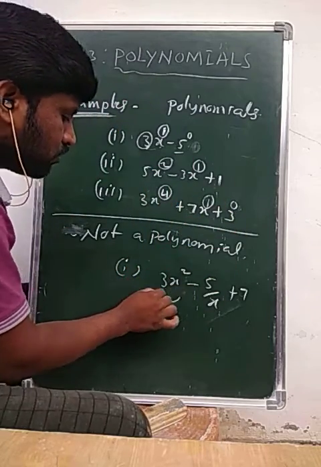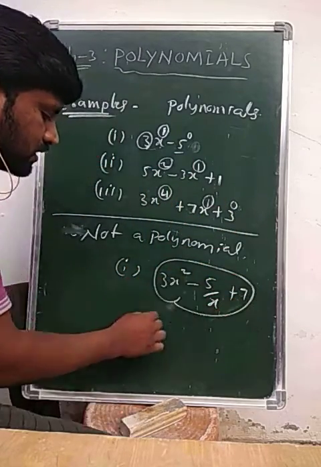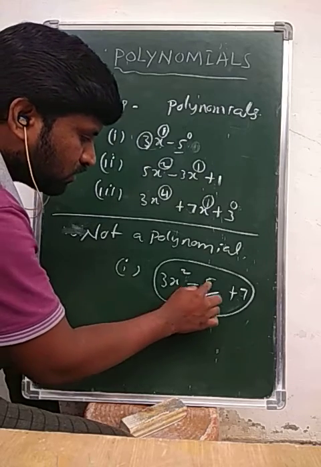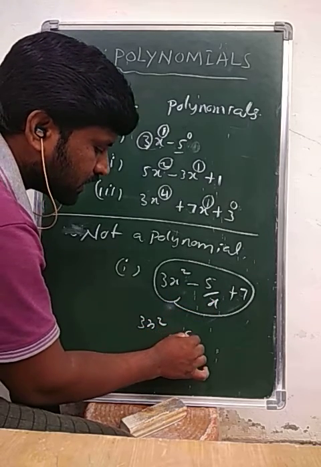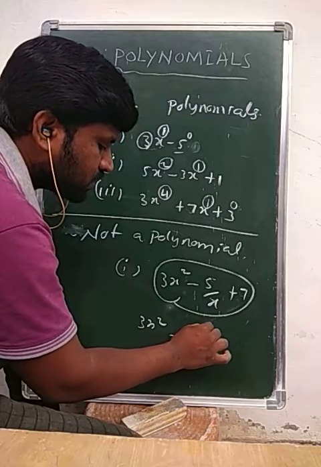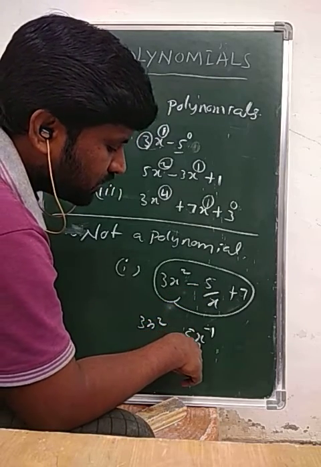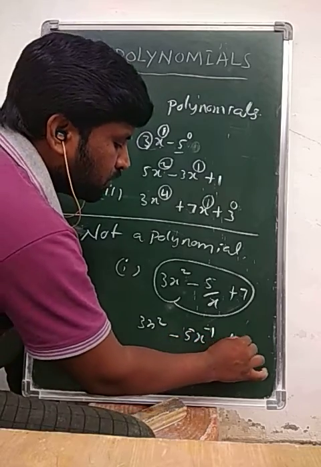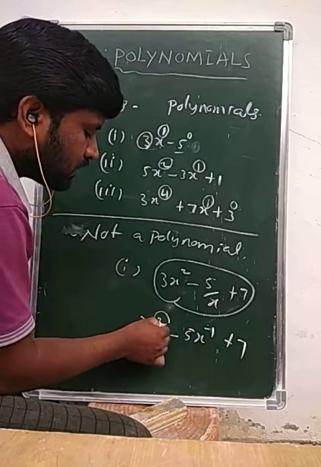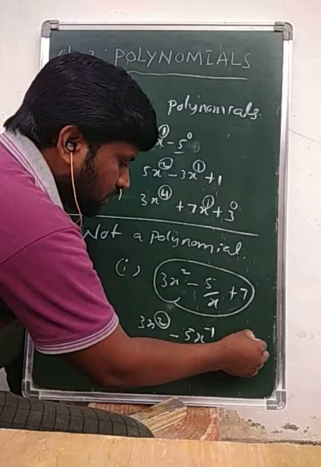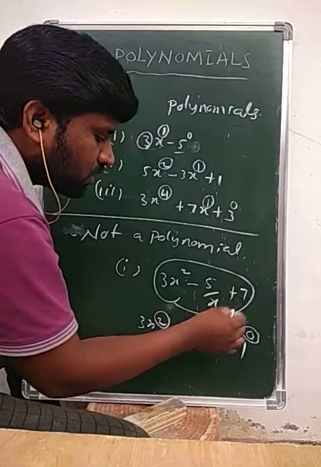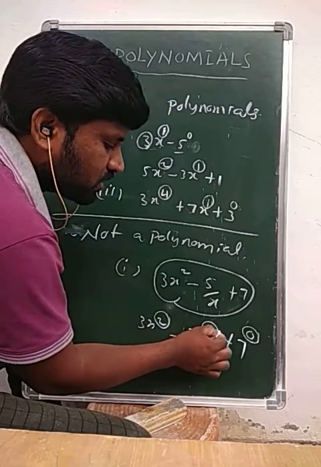So we can write 5 by x as 5x power minus 1. So 3x square minus 5x power minus 1 plus 7. Clearly here the power is a whole number, here the power is a whole number, here the power is minus 1.